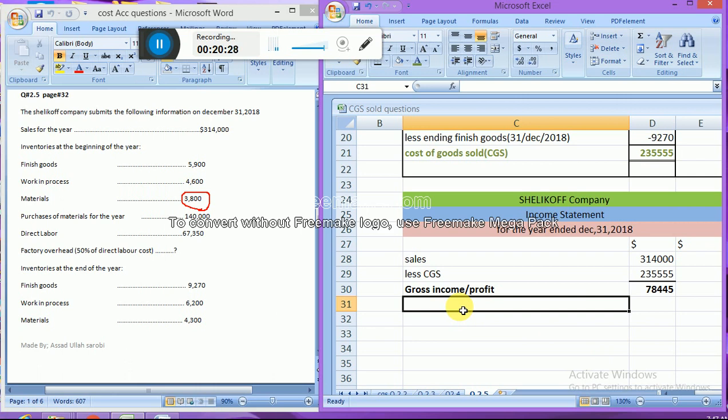But there are some expenses also. So I will subtract those expenses. List expenses. What are the expenses now?